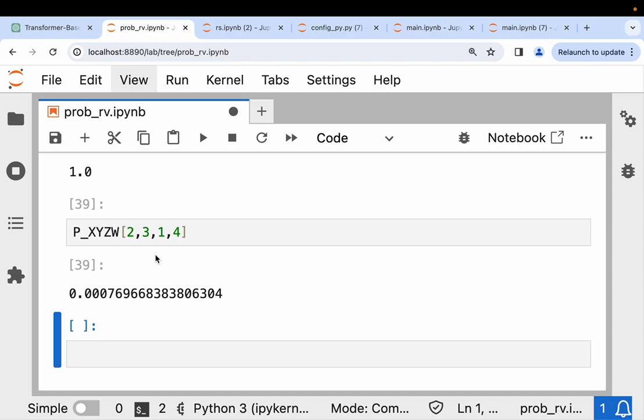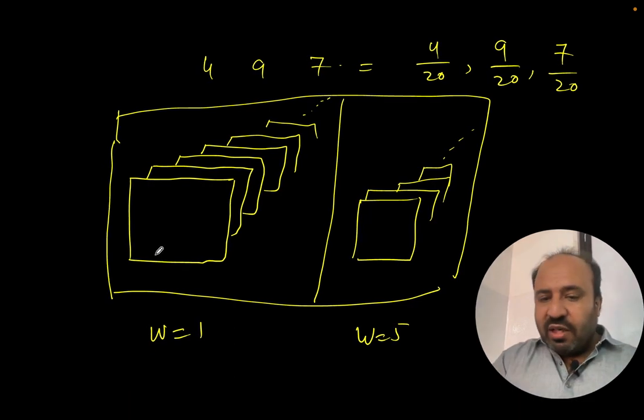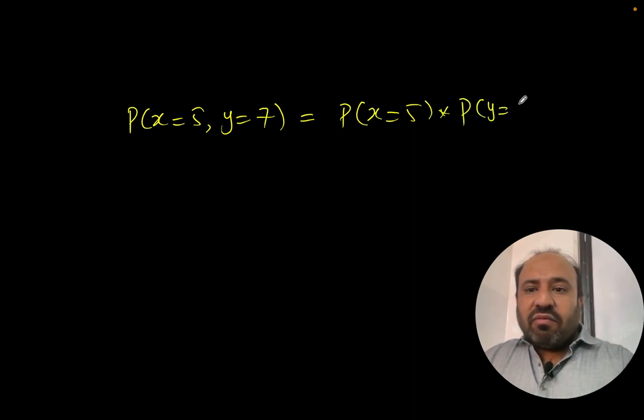And I told you last time what we mean by independence of random variables. If you have multiple random variables, for example x and y, and the probability of x is equal to 5 and y is equal to 7 is equal to the marginal probability of x is equal to 5 times the marginal probability of y is equal to 7.